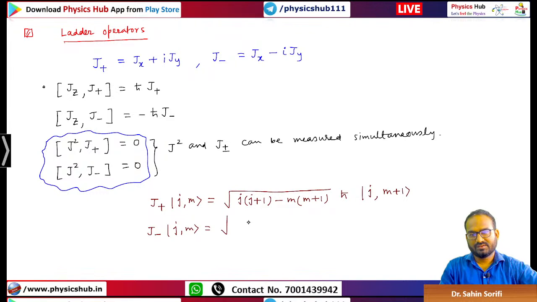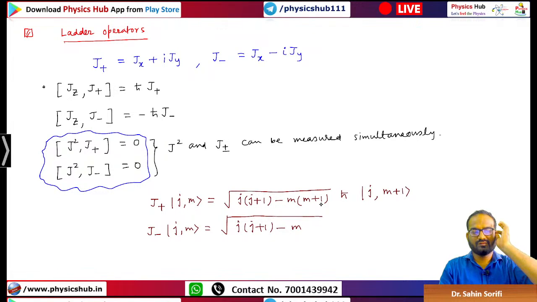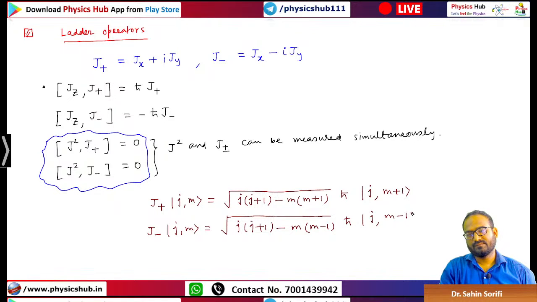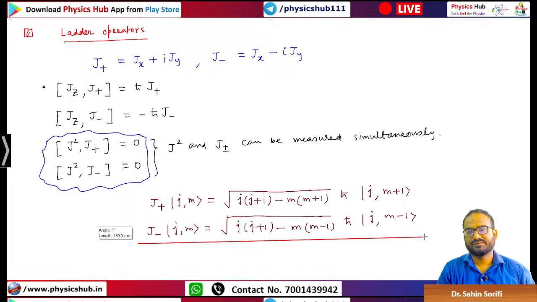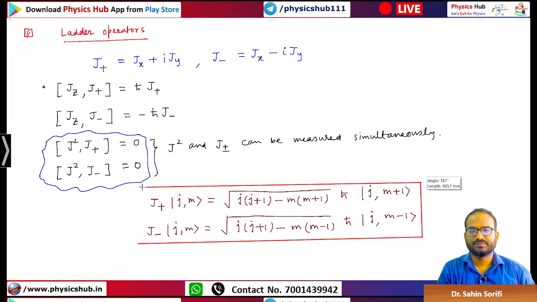Now if I take J minus, this will become square root of J into J plus 1 minus m into m minus 1, h cut will remain, and |J, m> will become |J, m minus 1>. So you have to remember these two relations, how the ladder operator behaves. In different problems, these two formulas will be used.